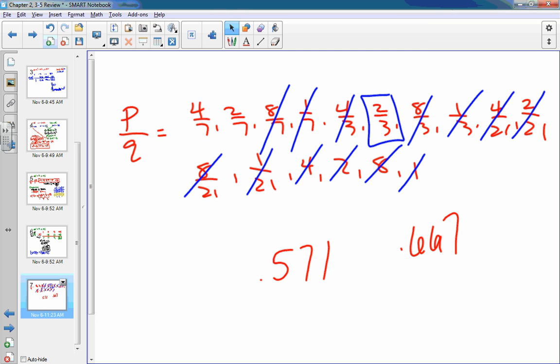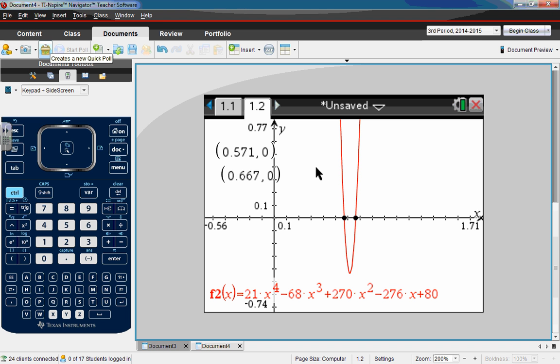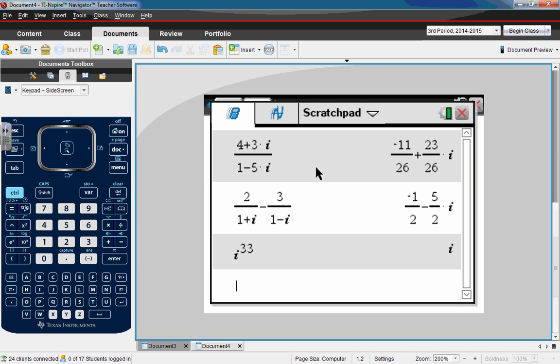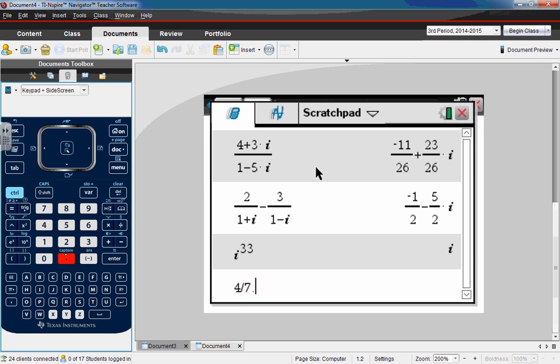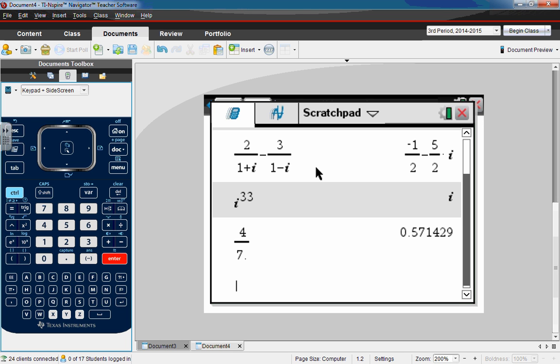Okay? So based upon that, I'm going to come over here to my graphing calculator, and I'm going to say, well, what is 4 divided by 7 decimal? Is that the decimal equivalent? It is. So now what's my second real rational root? 4 7s. Does that make sense?